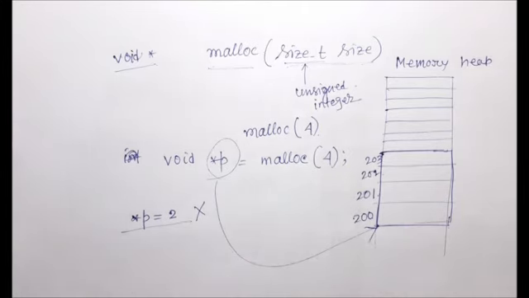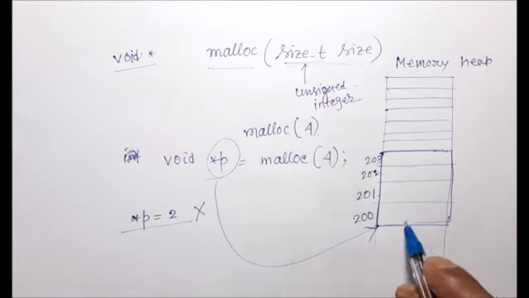So if I want to assign some value to this first address, we need to typecast the returned pointer, which says what kind of value is going to be held or assigned in this location.